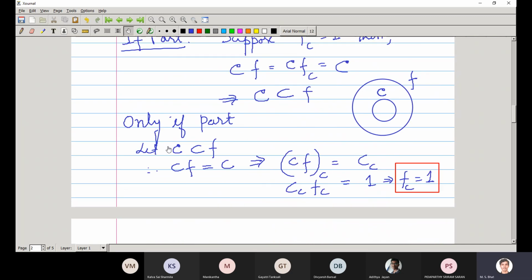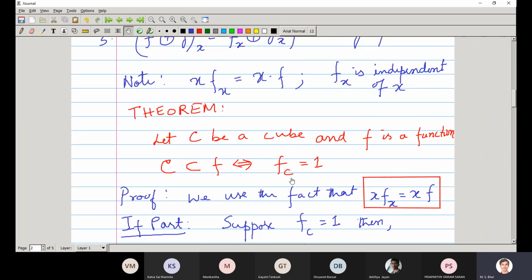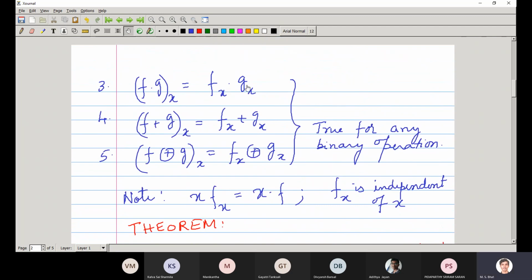Now the only if part. Let C be contained in F, then CF is equal to C. If I take the cofactor of this on both sides of this equation, the cofactor of CF with respect to C should be equal to the cofactor of C with respect to C. So this is CC FC, from this.